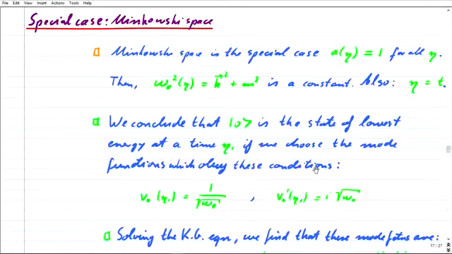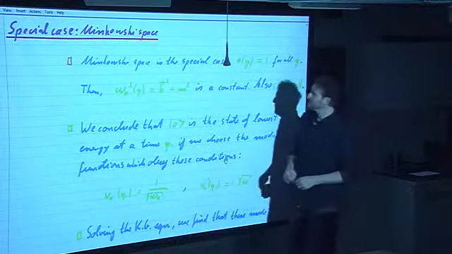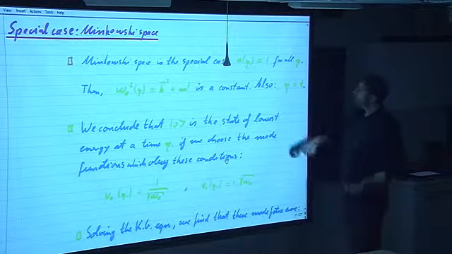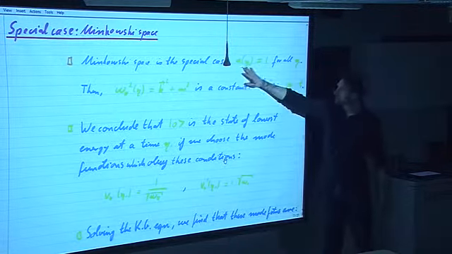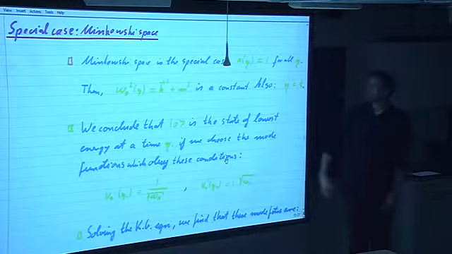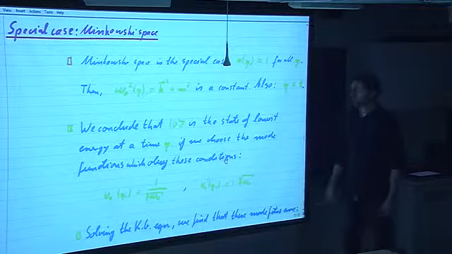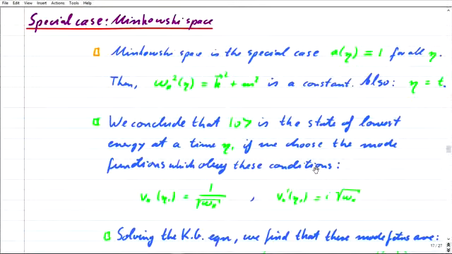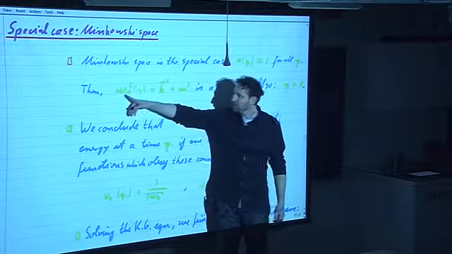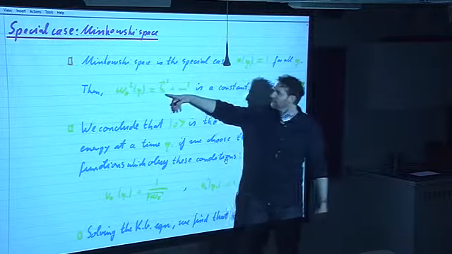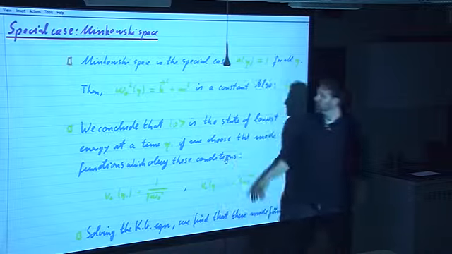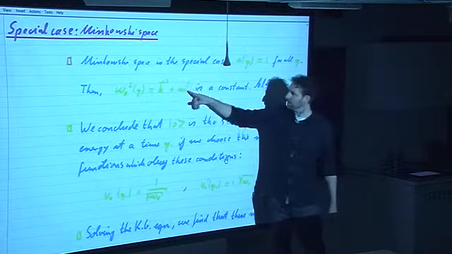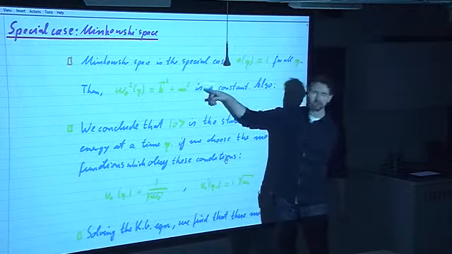Let's see if that works in Minkowski space. In Minkowski space, we have that the scale factor function is simply 1, because it's not shrinking or expanding. And we have that the frequency of each mode oscillator is simply given by k squared plus m squared. Remember that in the expanding spacetime we had a factor of a squared, and then we had this extra term that could go negative.